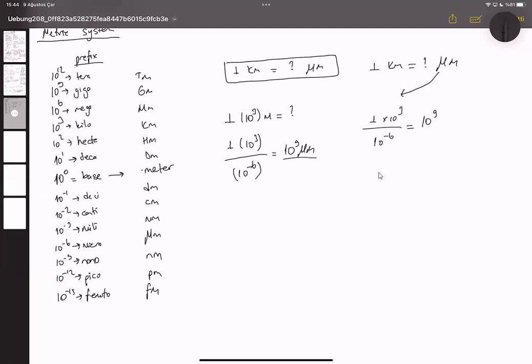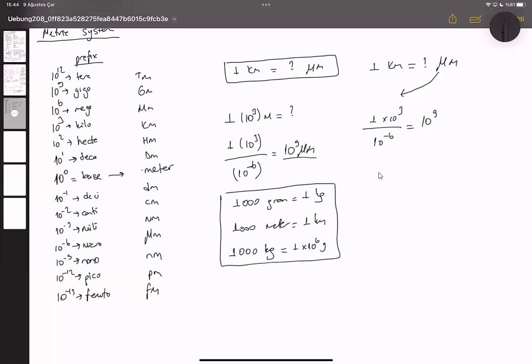For example, you can use it like this: 1,000 grams makes 1 kilogram, or 1,000 meters makes 1 kilometer, or the inverse of them. 1,000 kilograms equals 1 times 10 to the power of 6 grams. You can derive it, and some quantities we know as constants.